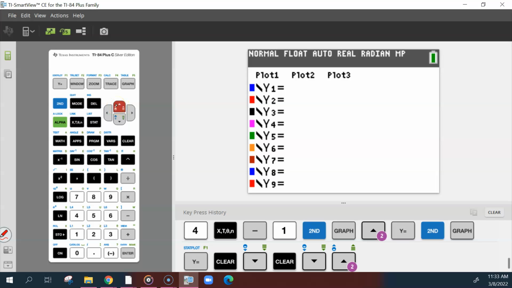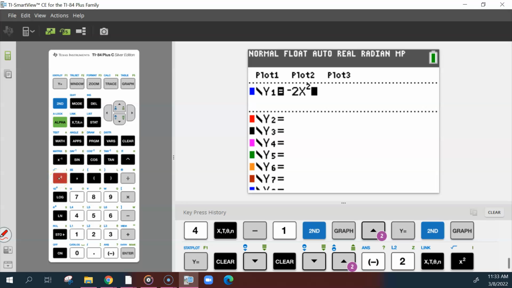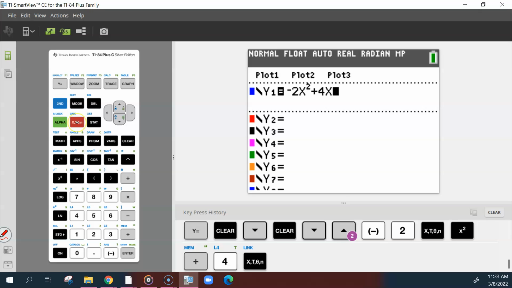And we're going to put that into our y equals. So negative 2x squared plus 4 times your variable plus 1.